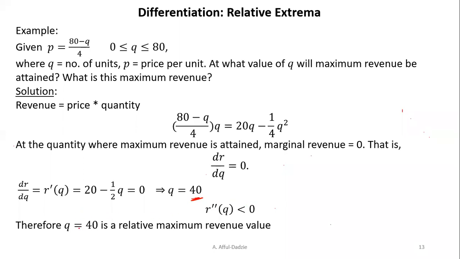Therefore Q equals 40 is a relative maximum revenue value. However, let's prove this with the extreme value theorem to be sure that indeed it is the absolute maximum value.